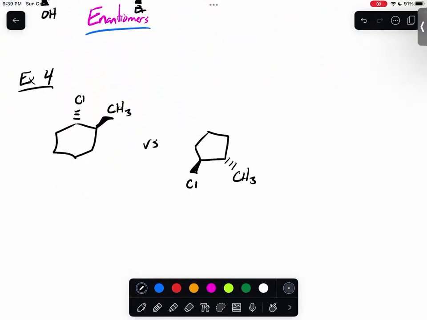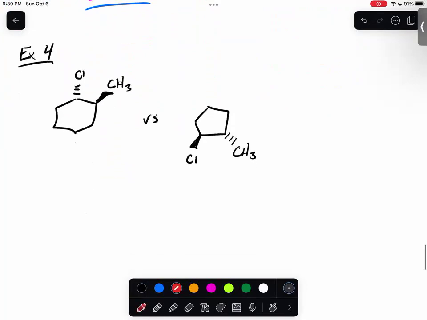But if you were to start out and say, all right, let's figure out the molecular formula, what you'd see is that the first structure has 7 carbons, but the second structure only has 6. All right? Because of that, these have different molecular formulas.